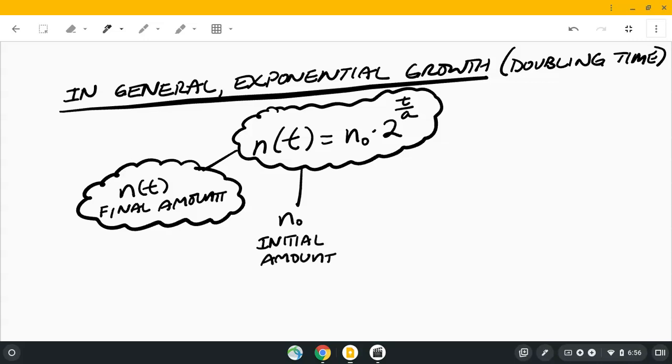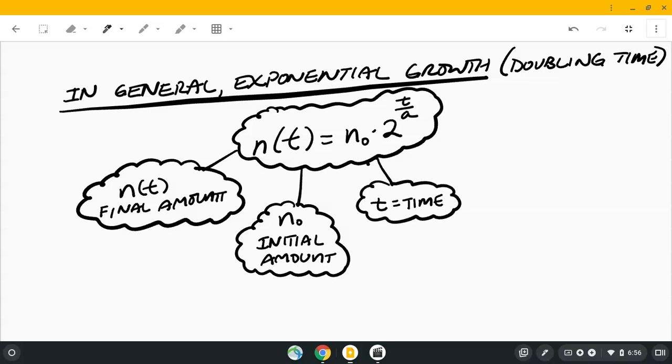Okay, so like if you start off with 10 bacteria, then we would put a 10 there. And then t is your time. That one remains our variable. And then the A, this is the time it takes to double.